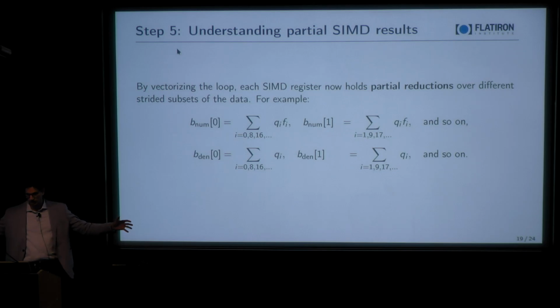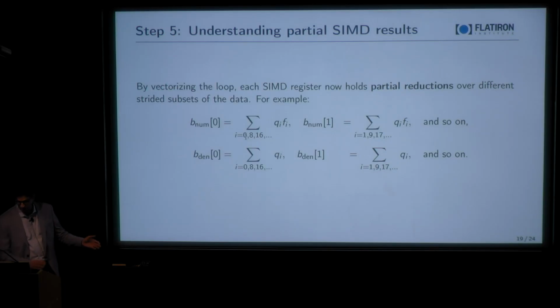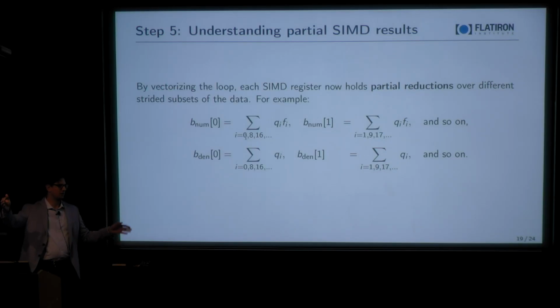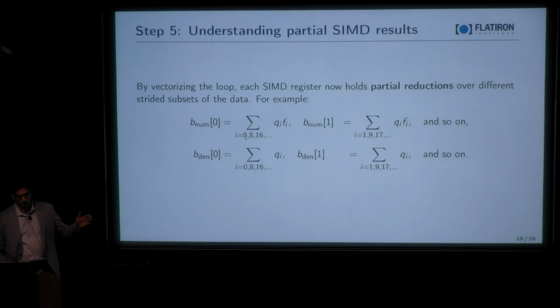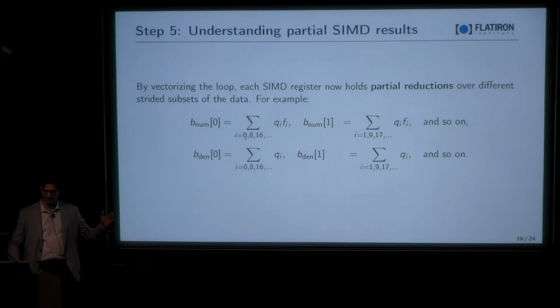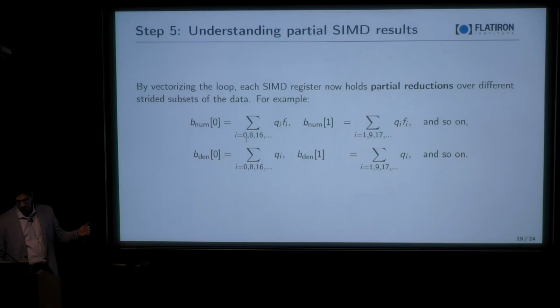We need to sum all these things into one thing, because what we have here in index 0 is the sum over the multiples of the SIMD lane, offset by the lane. So in 0, we have the sum of 0, 8, 16 of the Chebyshev polynomial evaluated at these values.